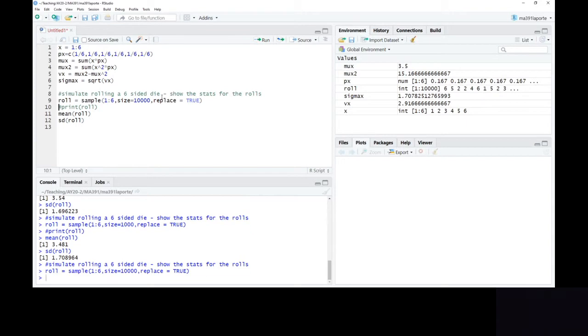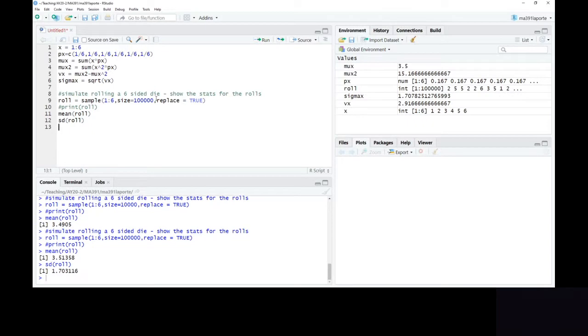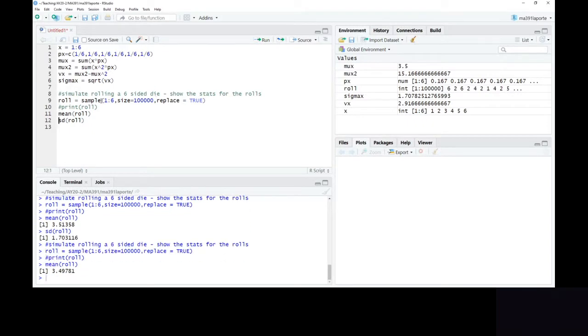Maybe 10,000 rolls. And we don't want to print these off because it's 10,000 numbers between 1 and 6. But what is my mean? Now we're getting a lot closer. If you did 100,000, you could see it was a bad 100,000 roll, it looked like. Let's try it again. Or maybe we got a good one last time.